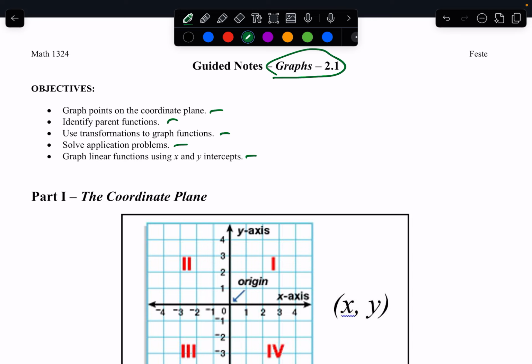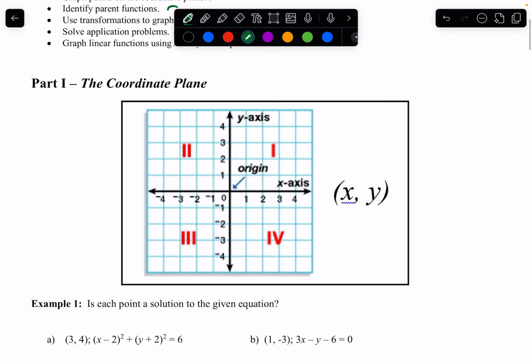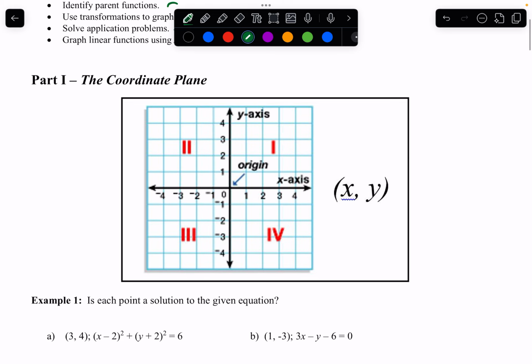Okay, so we're going to look at part one, which is the coordinate plane. So we've got our x-axis, that's our horizontal axis, and then we have our y-axis, that is our vertical axis. We have the origin, which is 0, 0, and we have our quadrants, 1, 2, 3, oops, that was misspelled.